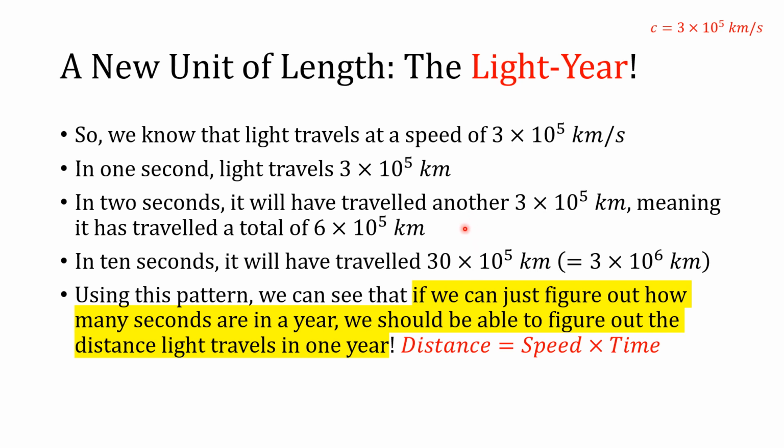Right? Think back to what we had before. If we can figure out how many seconds are in a year, we can figure out the distance that light travels in a year, because we know that each second it travels this far. So now that we have the total number of seconds, we can figure out how far the light has traveled, because each second it travels this far, and we know how many seconds there are in a year, so now we can figure out how far light travels in a year.